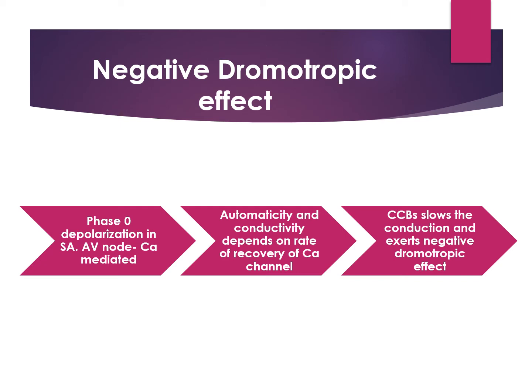So the calcium channel blockers slow the conduction and exert a negative dromotropic effect, because they also delay the calcium channel recovery. First thing is they block the entry of calcium, and secondly they delay the recovery of calcium channel. By these two actions, the calcium channel blockers slow the conduction velocity of AV node, leading to negative dromotropic effect.